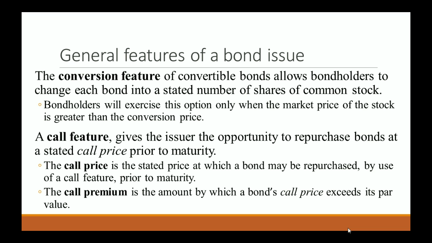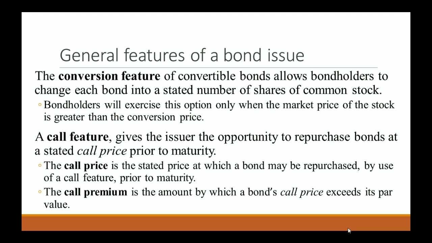So if interest rates drop, then the issuing company would choose to repurchase the bonds that are outstanding, and then they would reissue them at a lower coupon interest rate. This is a benefit for the issuing company, and so they do have to pay a fee for doing so.